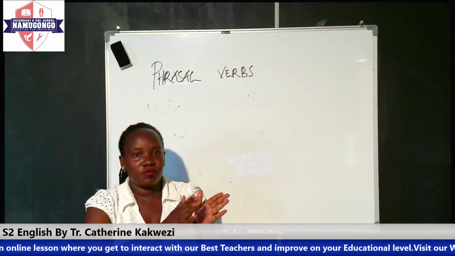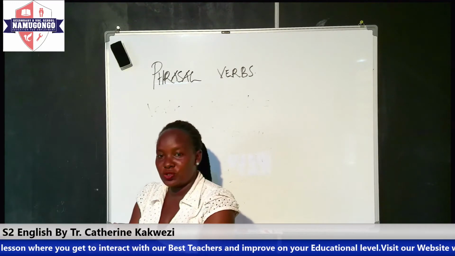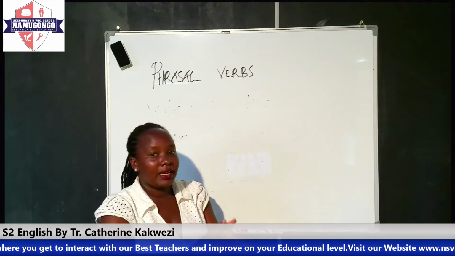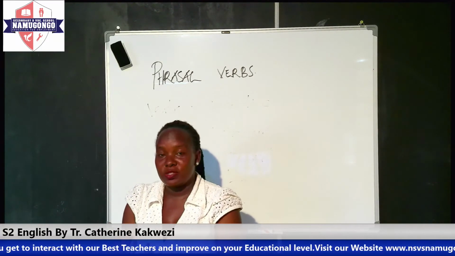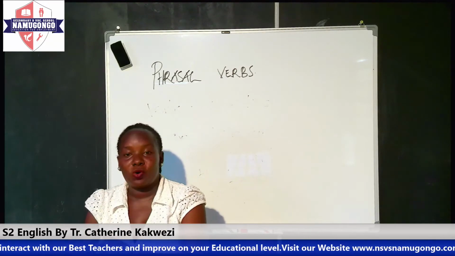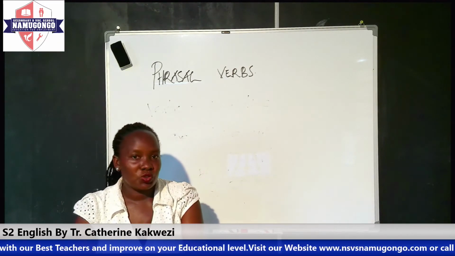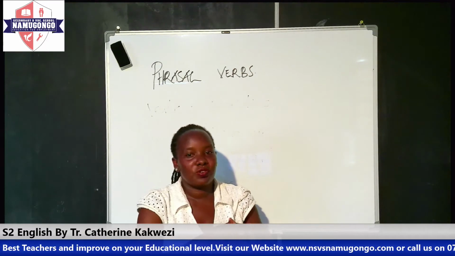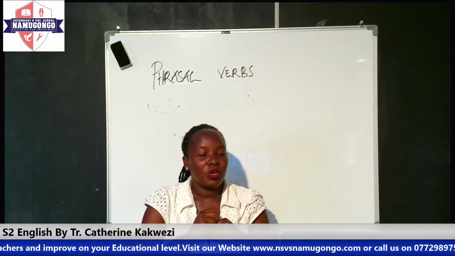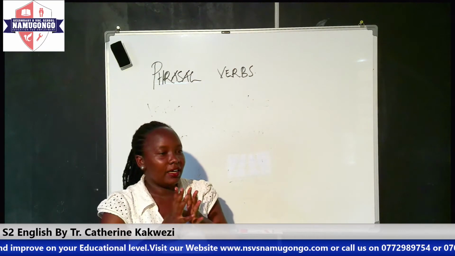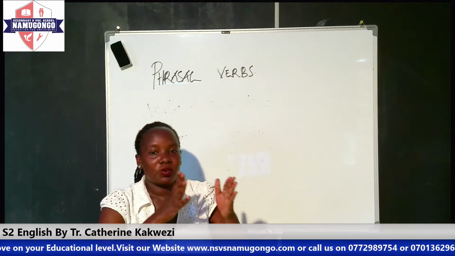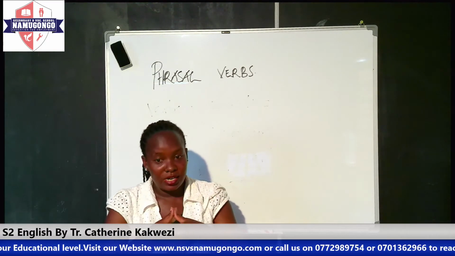Sometimes you will find a verb and two prepositions, or a verb and an adverb or another preposition. So please don't think that a phrasal verb is only made up of two words. It can also be made up of three words.